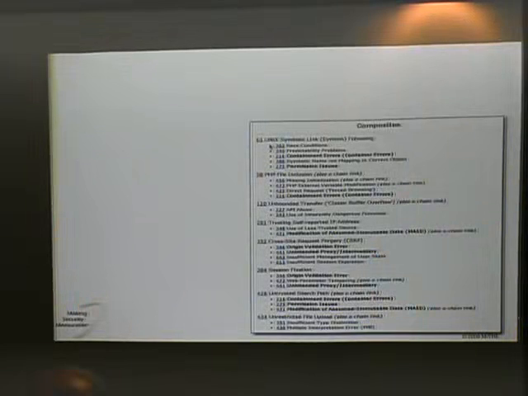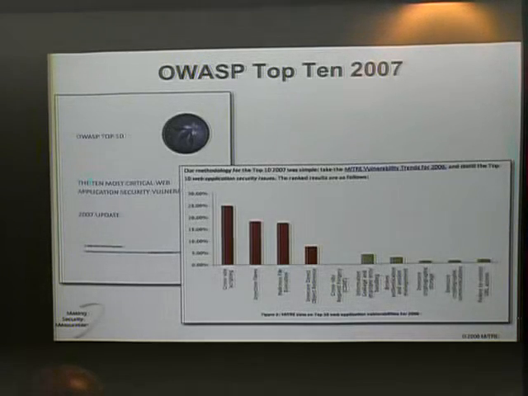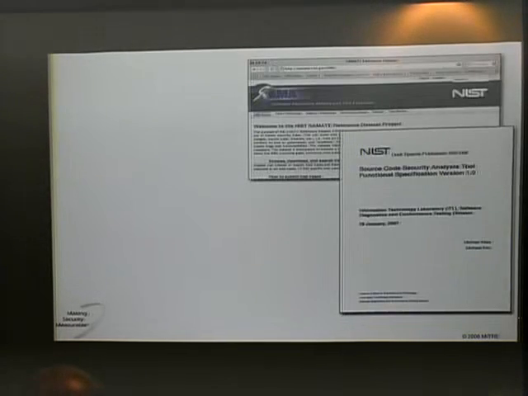So here are some composites and some chains that are up on our website. We're still playing around with good ways of presenting the idea of composites and chains, but this is something that has come out of this. I mentioned that the OWASP Top 10 uses CWEs.